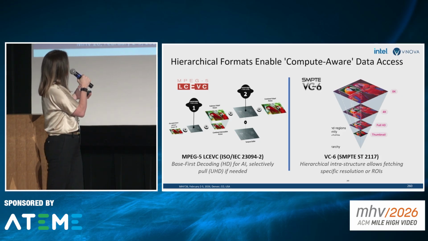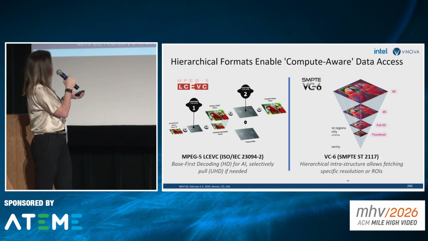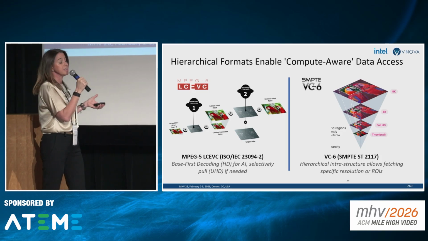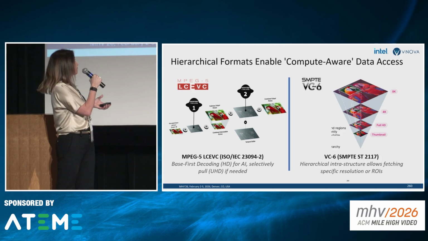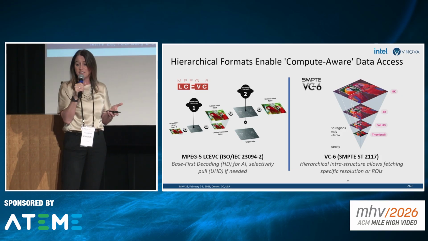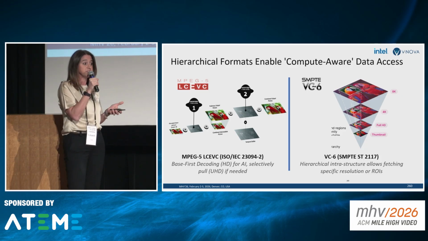One is MPEG-5 LCEVC. In this case, we applied a base layer decoding first to do the detection, and then the LCEVC enhancement layer can be used selectively to pull the necessary details, but only if it's needed.